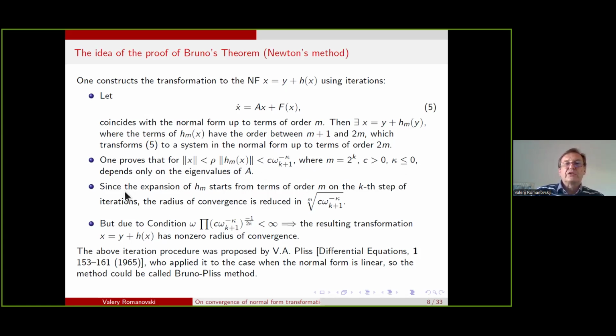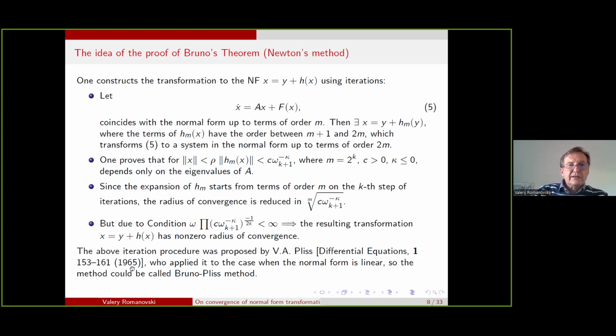So it means it does not depend on m. And then we see that this expression starts off with terms of order m. On each step of iteration, the radius of convergence is reduced by multiplication by this number. But due to condition omega, you see that this number is less than infinity. So it means that the radius of convergence will be greater than 0.